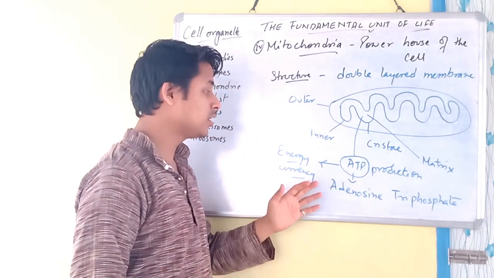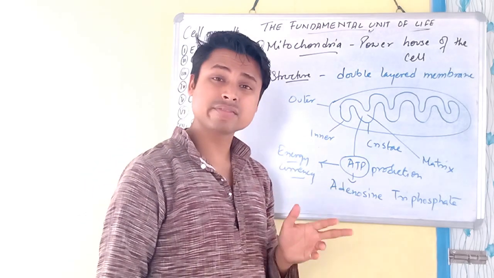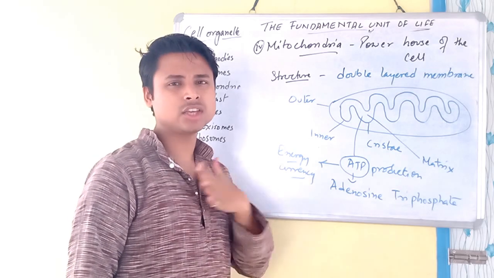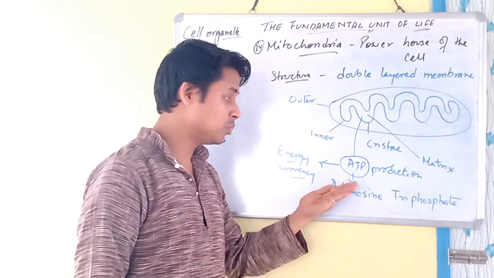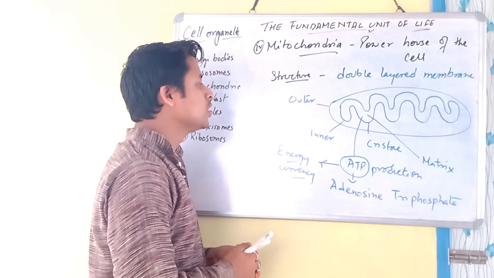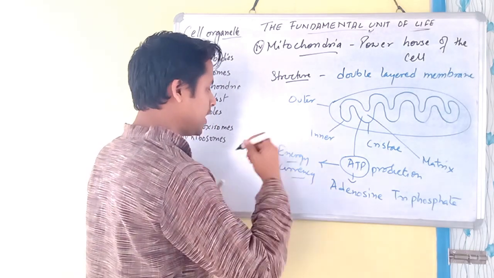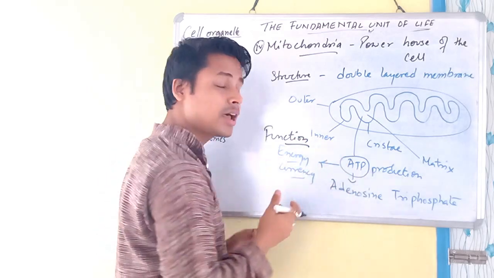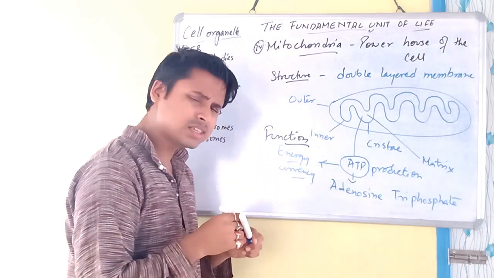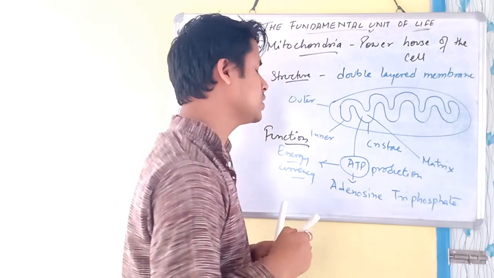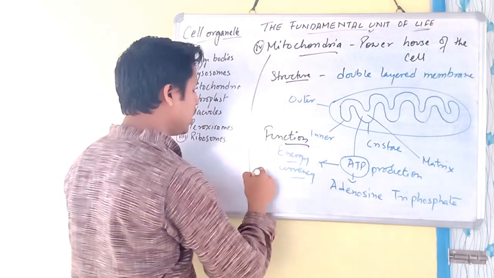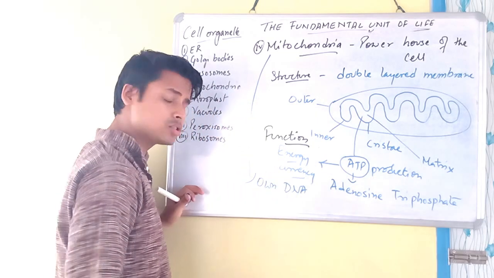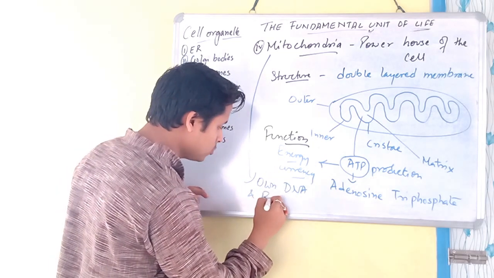ATP, adenosine triphosphate, which is produced in the mitochondria, is useful. Now I am using energy because of this ATP. So this is the function, where it produces ATP. With this, another interesting point about the mitochondria is that it has its own DNA. It has its own DNA and ribosomes.